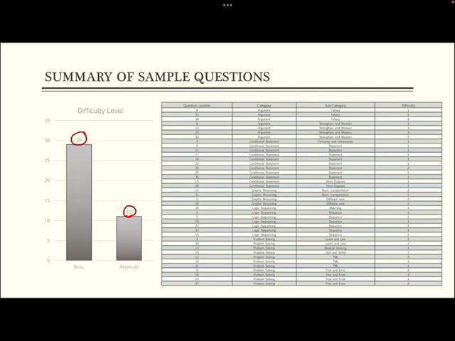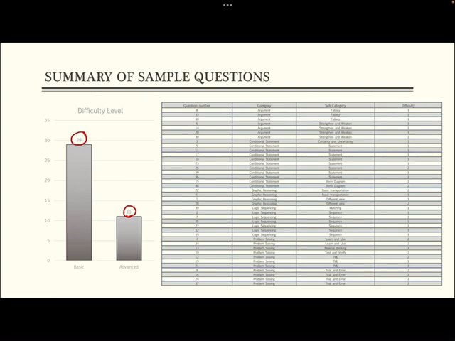From this analysis, what I want you to understand is that in the real test, you should focus on the basic questions. Some questions might be difficult, but don't worry about that, because that question is not only difficult to you, it's going to be difficult to anybody, right?